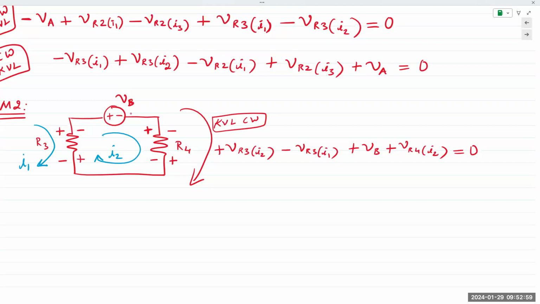It does not affect voltage source VB. So even if voltage source VB had a minus or a plus, like this, the mesh current has no effect whatsoever. We do not even care about it when it comes to a voltage source or even a current source for that matter. We simply want to apply KVL and add up the voltages around a loop. And to add up the voltages, we need to sum up the voltages.